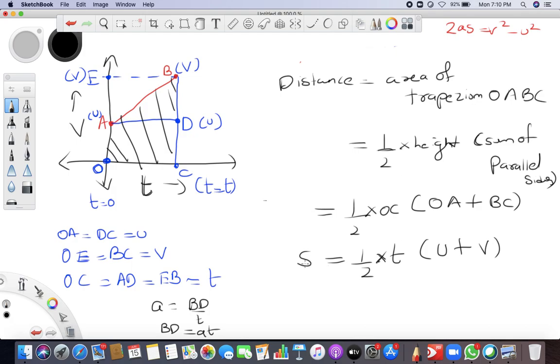We still didn't get our equation. Now you must be saying, sir, now what? It's quite easy. See, we learned A is equal to V minus U upon T. Remember what we learned from the first equation? A is equal to V minus U upon T. So can I say T is equal to V minus U upon A?